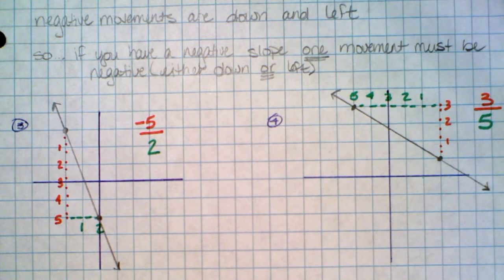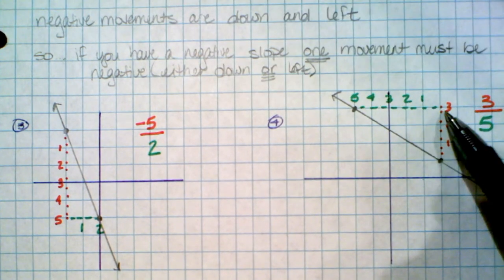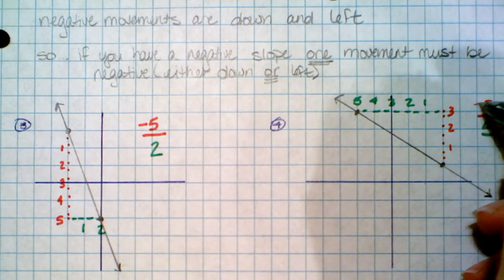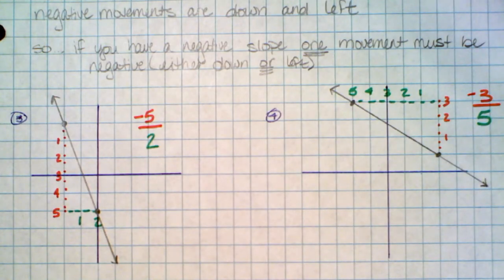Example number 4, I can start at the top left point and go down 3, and then right 5. Negative would be the downward movement and the right would be positive. Or I can go up 3 and left 5, and that movement to the left would be negative. Either way I look at it, my slope there should be -3 over 5.